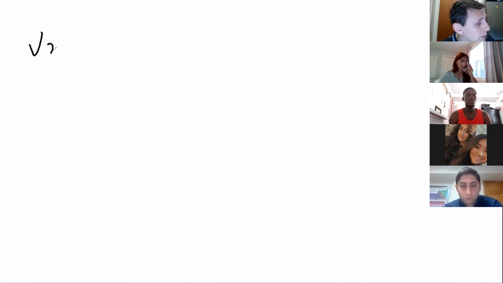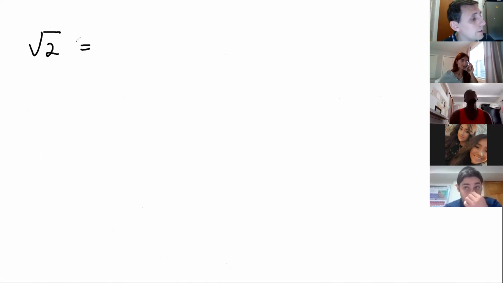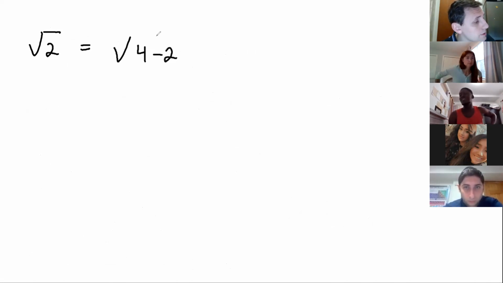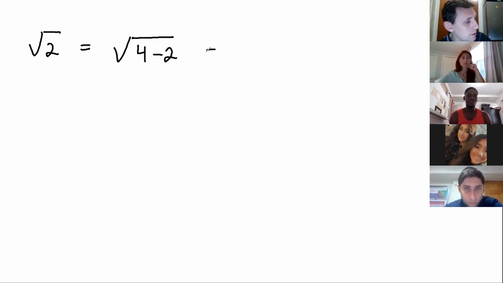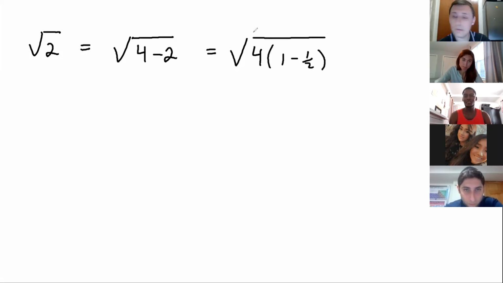If I want to calculate, for instance, root 2, I can think of root 2 as root of 4 minus 2, for instance. You agree? Which allows me to factor out the 4. So it's the same as root of 4 times 1 minus 2 over 4, which is minus 1/2. Which allows me to write it as 2 root of 1 minus 1/2.